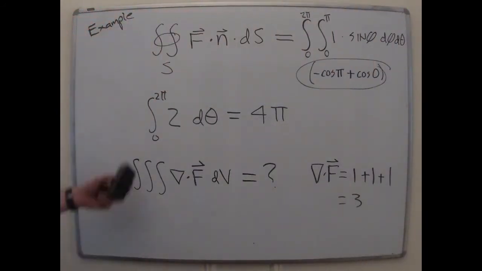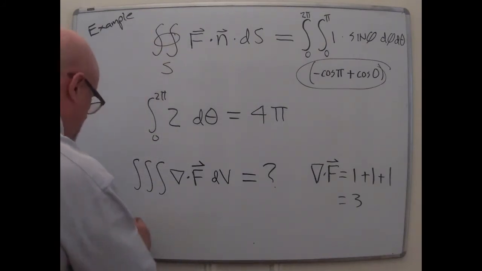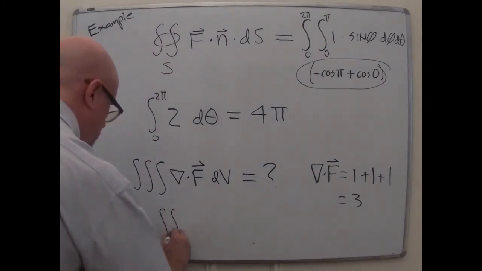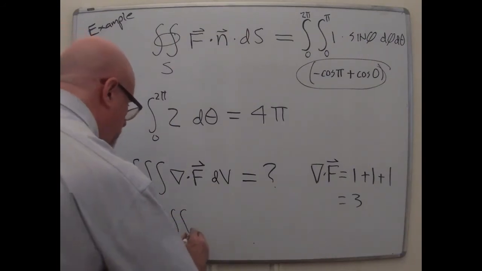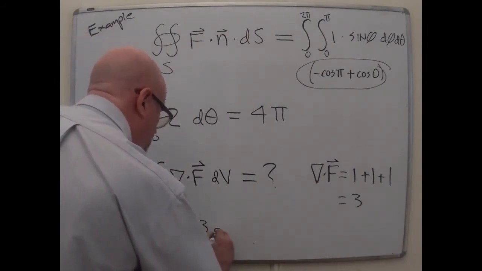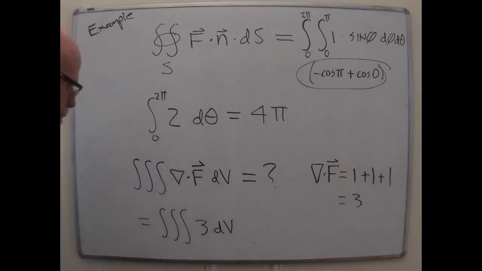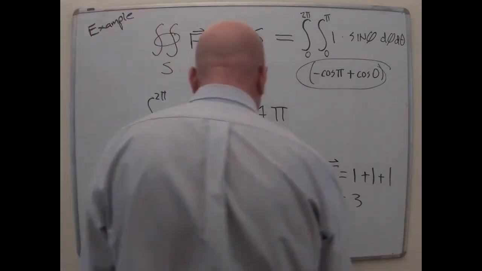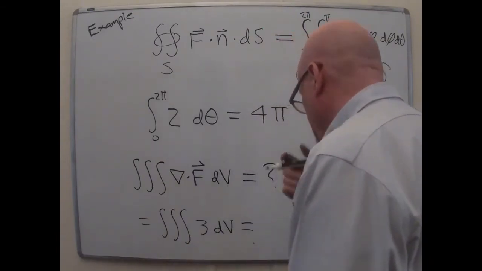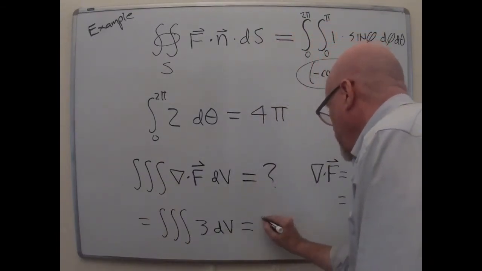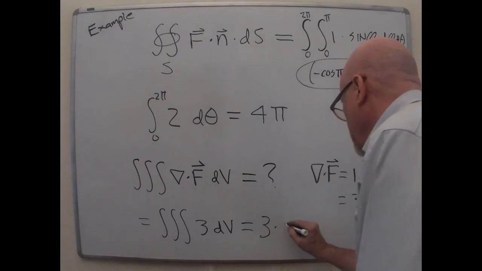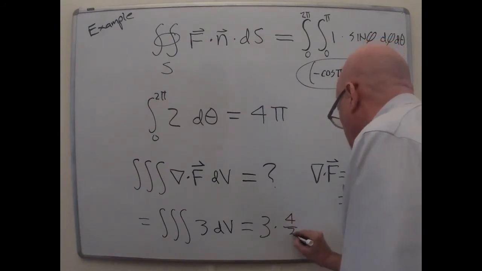Wow, that was quick. Remember the surface integral just went crazy, but we just turned this into, we're going to triple integrate over the volume of a sphere, 3, with respect to volume. So in other words, we get 3 times the volume of a sphere. The volume of the sphere is 4/3 pi r cubed.